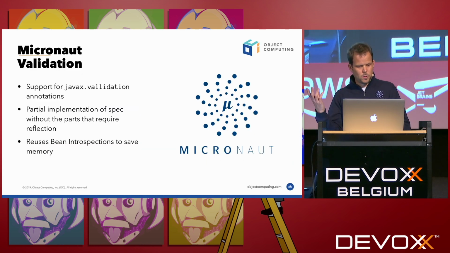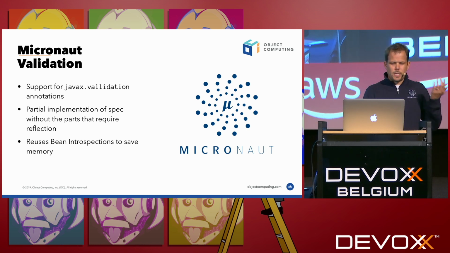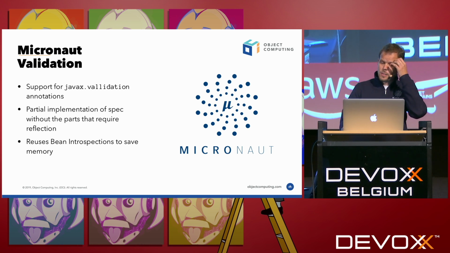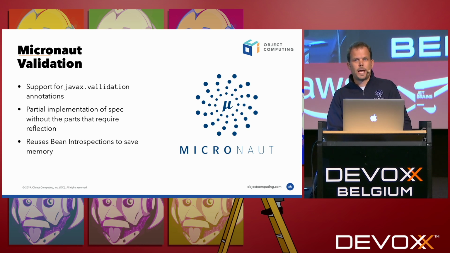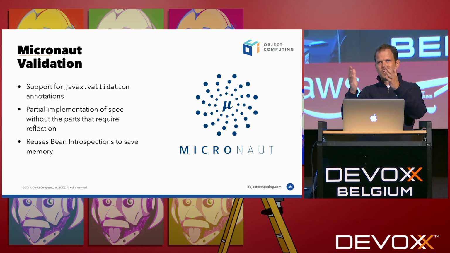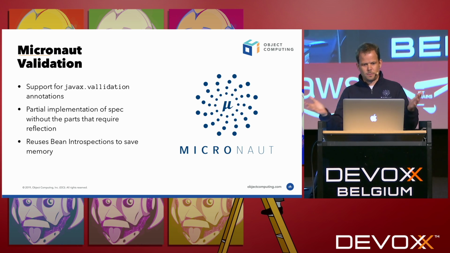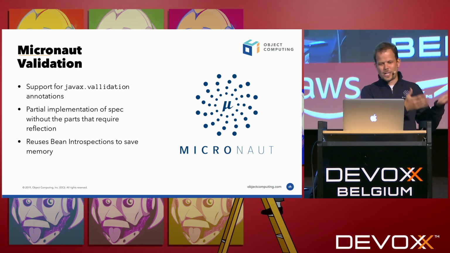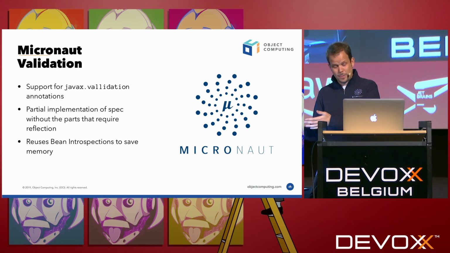And we have full support for all the javax.validation annotations. It's only a partial implementation of the spec because we didn't implement the parts that require reflection. And we reuse Micronaut's existing bean introspections to make sure that we save memory. Even within two projects under the same umbrella, Hibernate and Hibernate Validator, you've got two different reflective data caches, one for Hibernate Validator and one for Hibernate.